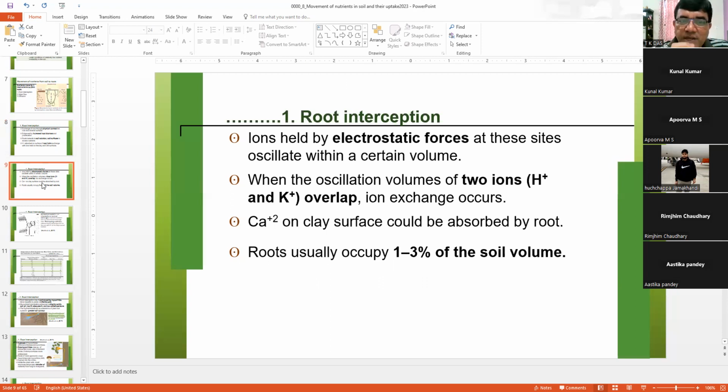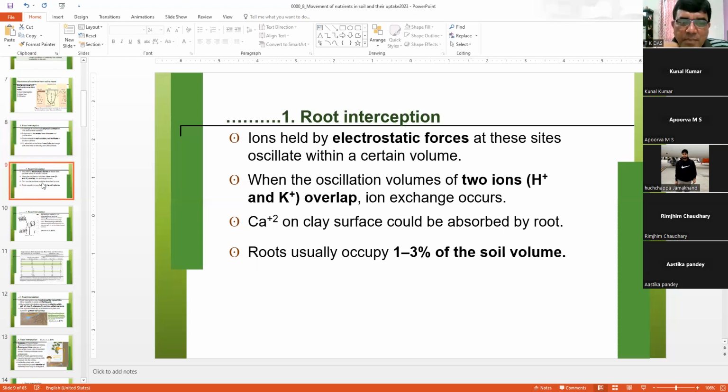Means when interception happens, some nutrients may be very near to the root, and they will oscillate: go forward, come back, go forward, come back.